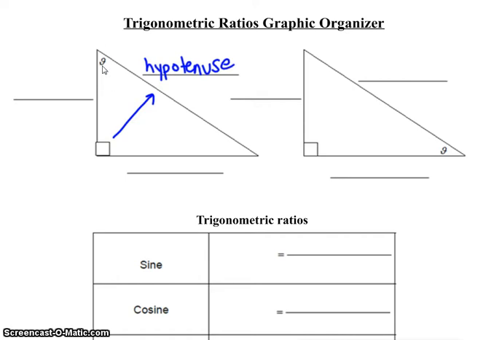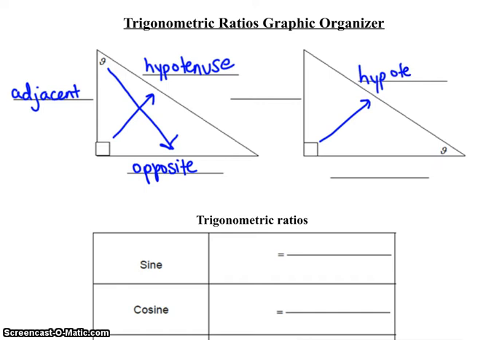Now, I know that the side that touches the angle that's not the hypotenuse must be adjacent, and all the way opposite of that angle would be the opposite side. Here I've moved to the theta down at the bottom, and I still have the hypotenuse in the same place. But this side down here is adjacent because it touches theta, and the side opposite of theta is here.